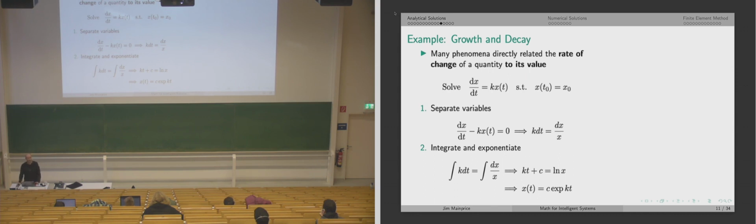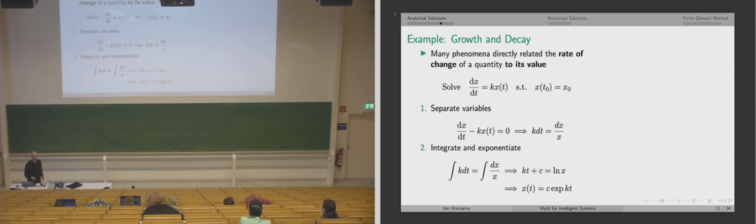So this is actually how Euler, right, if I don't mistake, found the exponential number. This was exactly the problem that he was looking at. This was the derivation that he did, and then, through the derivative of ln, and then, okay, what is the inverse of the logarithm?